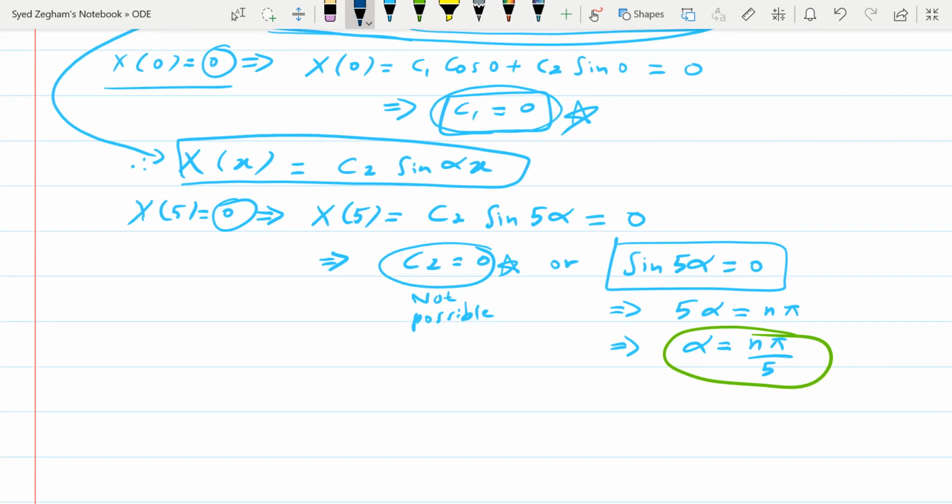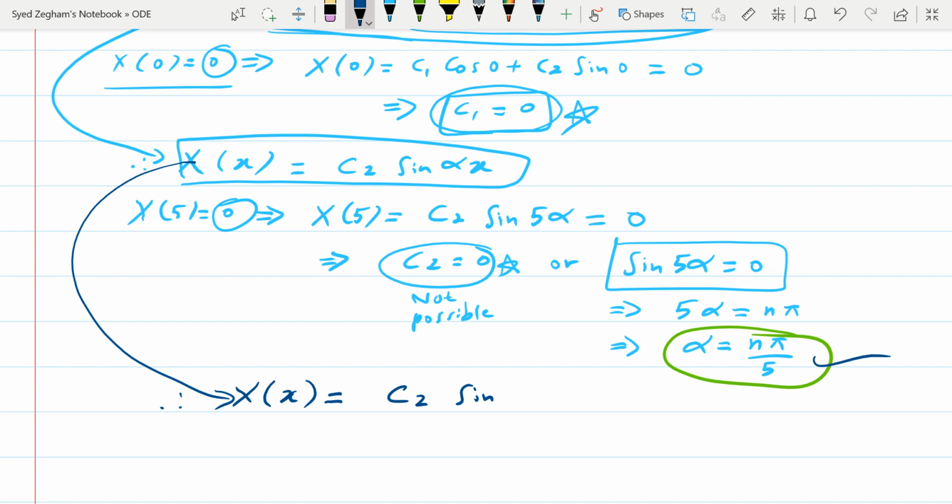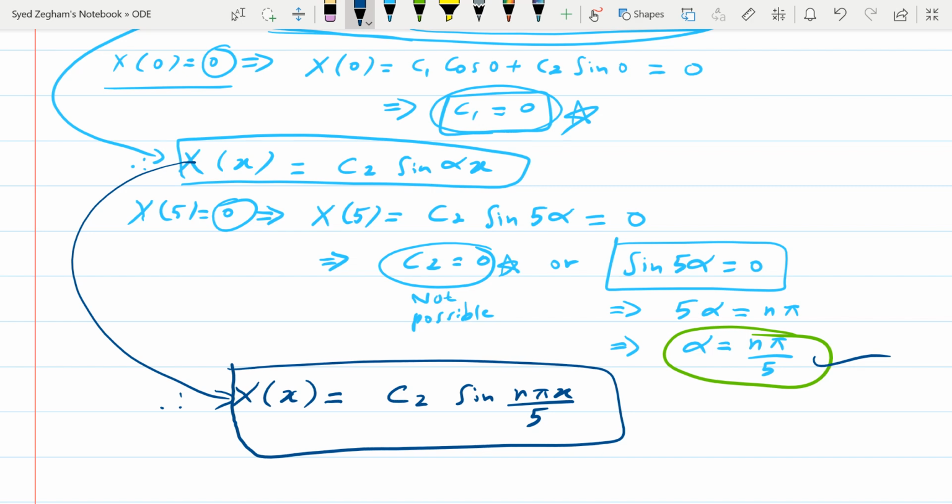Finally, I can write that my solution X is equal to C2 sine alpha x. The alpha value you have obtained just now is n pi by 5, so it will be n pi x by 5. So this is my capital X.